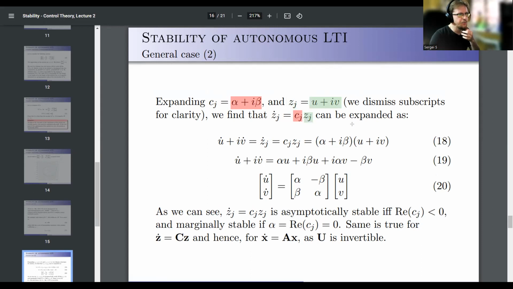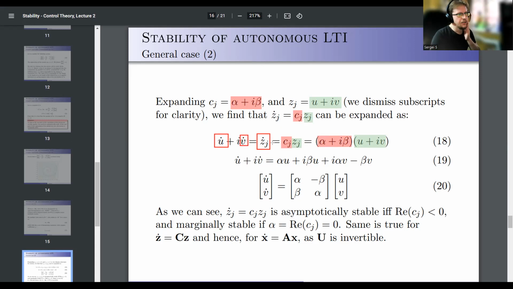And we expand this and this, so we just basically put in the definitions. We can write it out in terms of real and imaginary parts when we open those brackets. And this is, of course, Z dot, which is u dot plus i v dot.